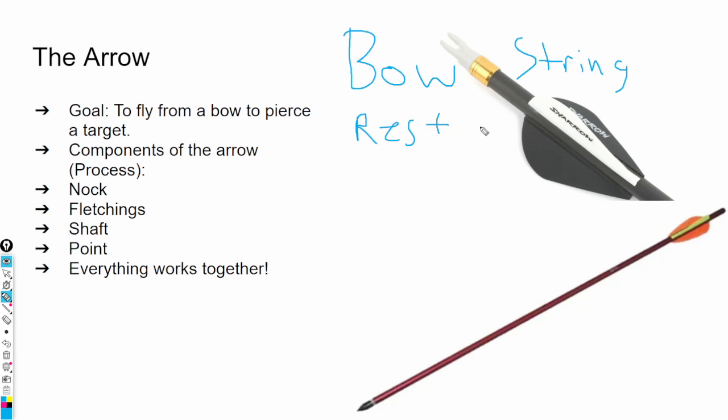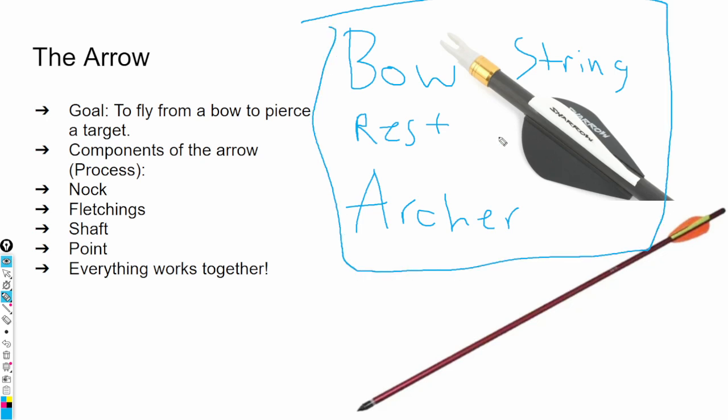And we also want to ensure that there is an archer, so that way we can actually shoot the bow, right? Or I guess you could use a robot if you'd like, but unlikely. So then all of these things work together with the arrow to make the arrow fly from the bow to pierce the target.